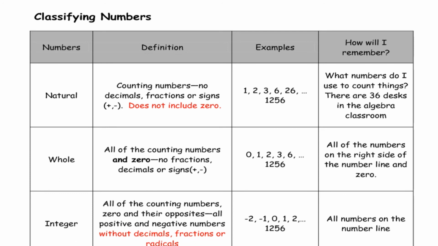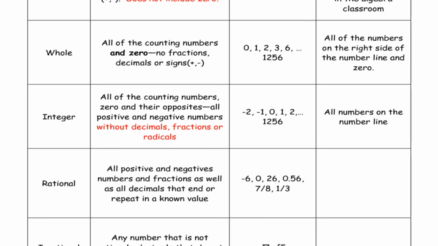Whole numbers. All of the counting numbers and zero. No fractions, decimals, or signs. So these would include 0, 1, 2, 3, and on and on. All of the numbers on the right side of the number line and 0 are whole numbers. Integers.